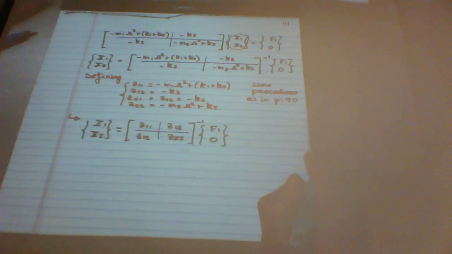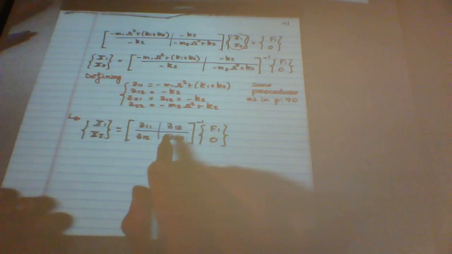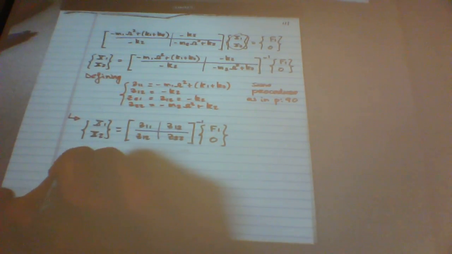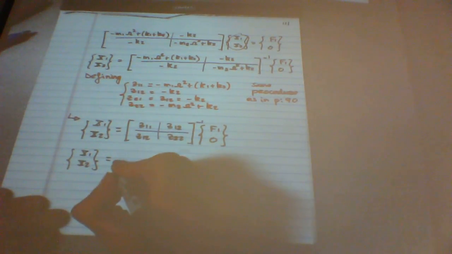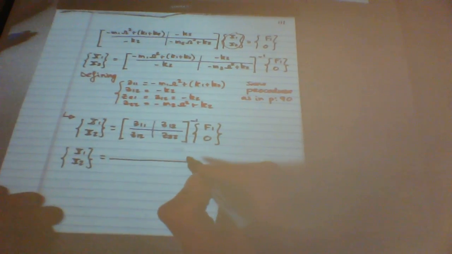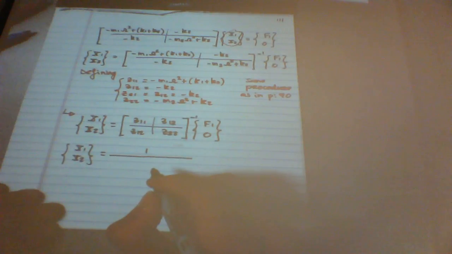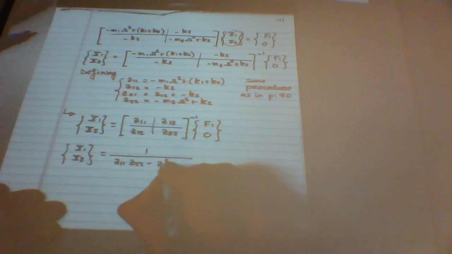So for 2 degrees of freedom, for a 2 by 2 matrix, we say that the inverse would be equal to what? It was 1 over the determinant times the matrix rotated around itself. So it'll be 1 over the determinant, which is Z11 Z22 minus Z12 squared.